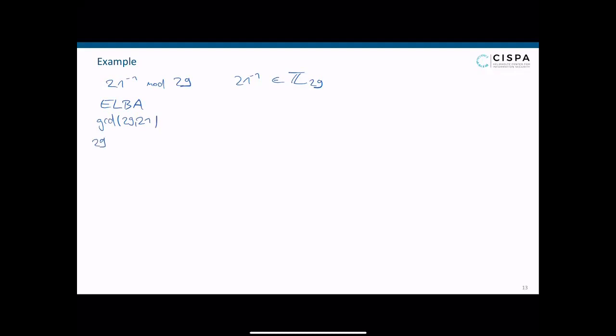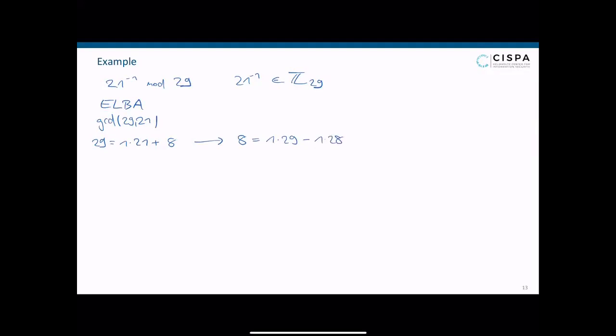We do a division with rest. We divide the larger number by the smaller one. So 29 is just 1 times 21 plus 8. Okay, that's the first step. But now the extended algorithm keeps the linear combination in its memory. So now we know that we can express 8 as a linear combination: 1 times 29 minus 1 times 21.